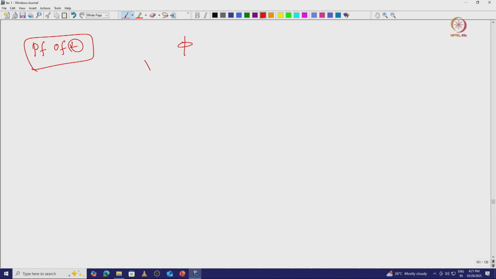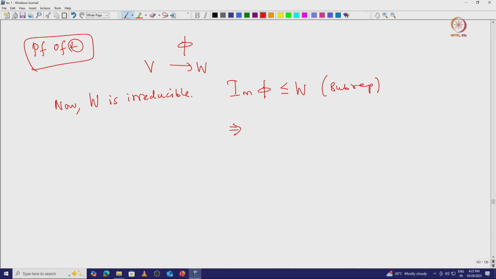Again we have pi from V to W. Now we are assuming that W is irreducible. So, if we assume W is irreducible, then we can look at the image of pi, which is a subrepresentation of W. Now, W being irreducible implies that the image is either 0 or full.